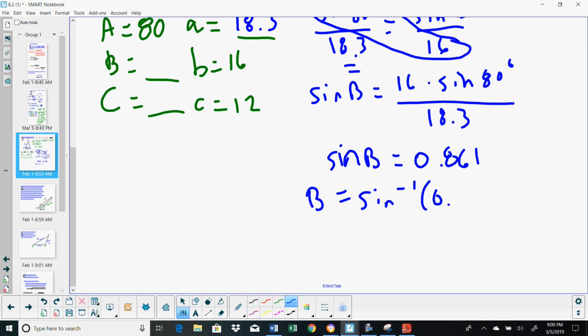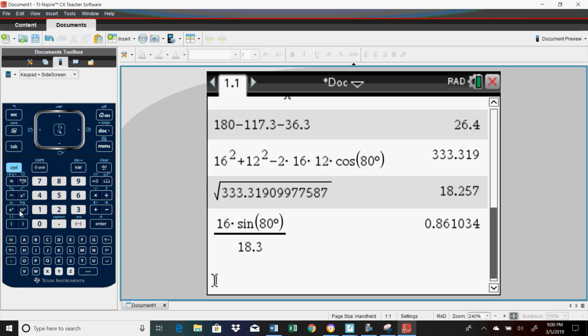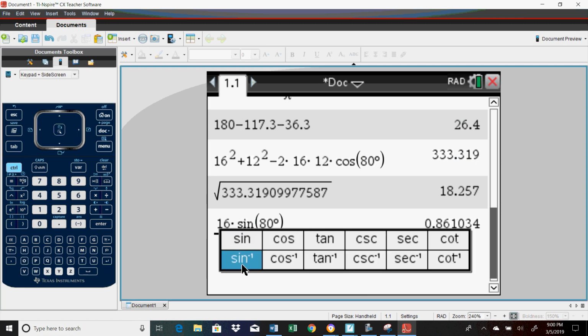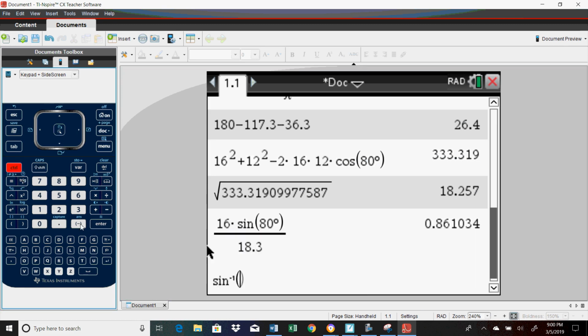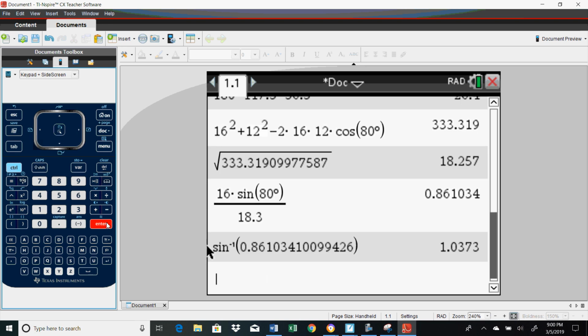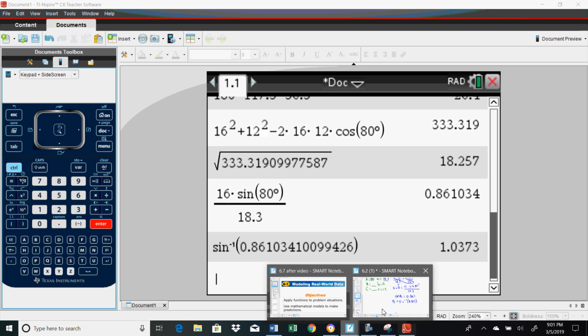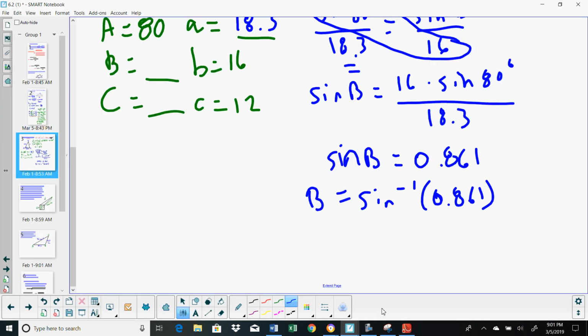sine inverse of 0.861. And so when I do that on my calculator, I'm getting angle B. I want sine inverse of that answer, and I am getting 1.037 for angle B. Angle B is 1.037, but what units is that?